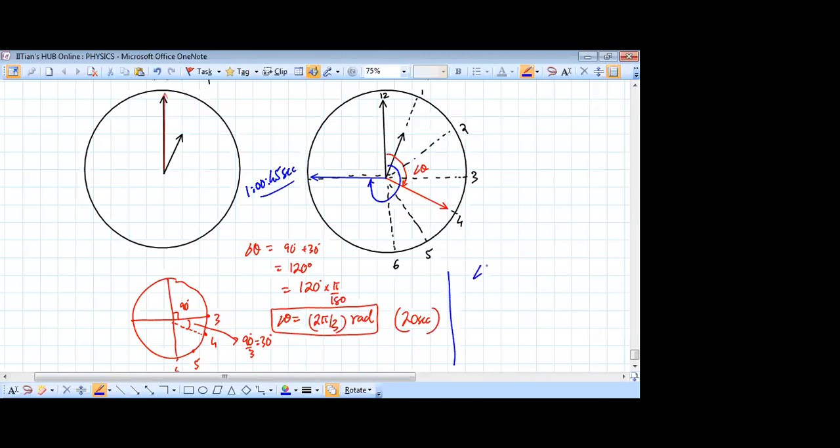Similarly, you will see delta theta is equal to 90 plus 90 plus 90 or 270 degrees. Sorry, this is not 4 pi by 3, my mistake.